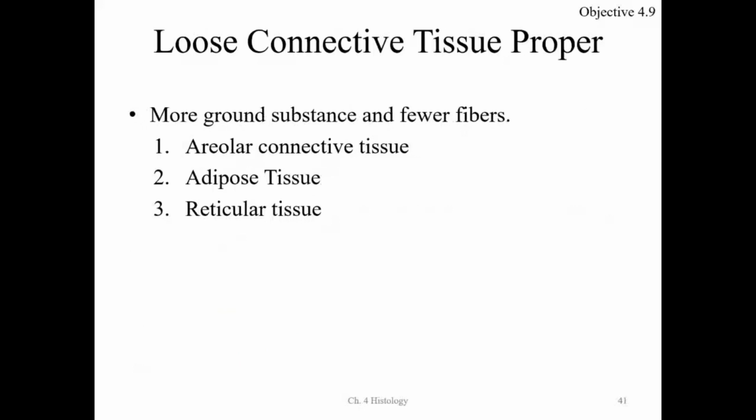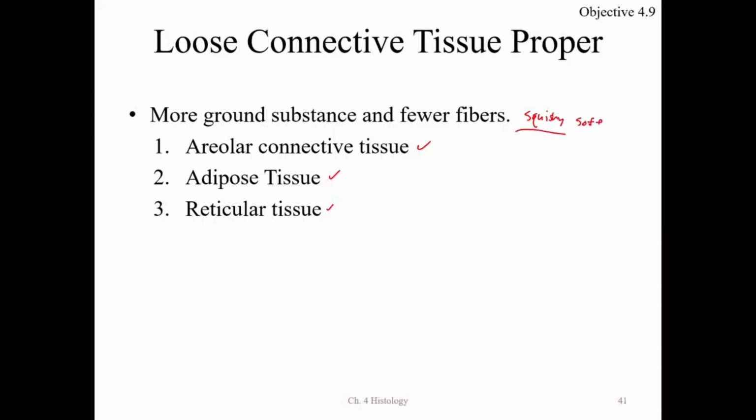Now, one of the things about loose connective tissue proper, they're going to have fewer fibers and more ground substance. So areolar, adipose, and reticular. So these are quite a bit more squishy. We might say squishy or soft.